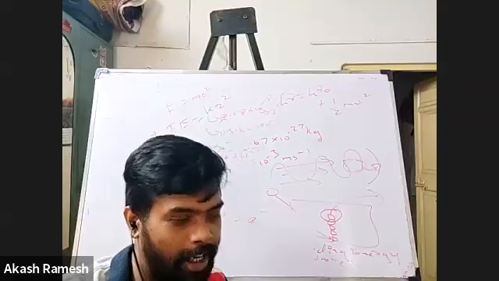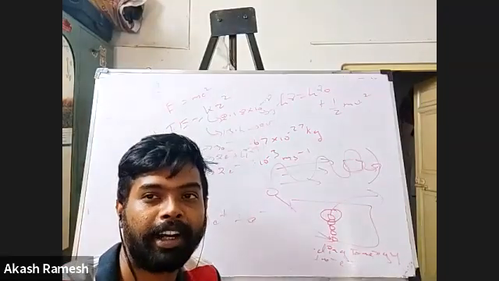Sir, Goldstein discovered the existence of positively charged rays in the tube by using a perforated cathode. That is what I want. So the term is perforated cathode.